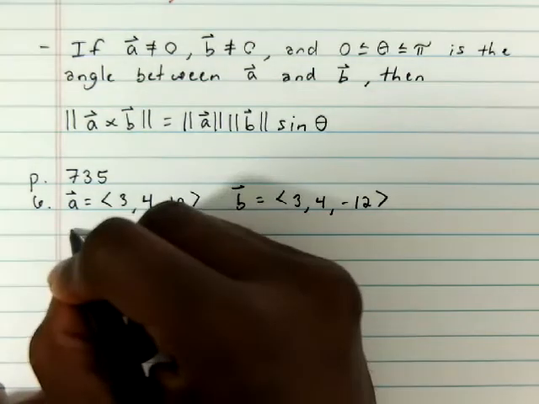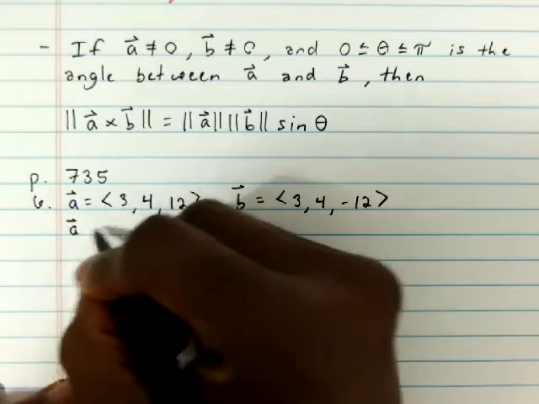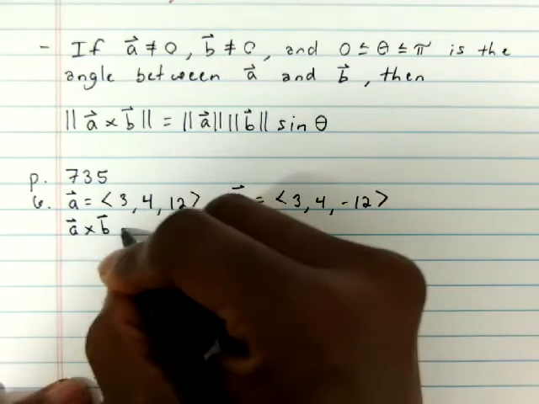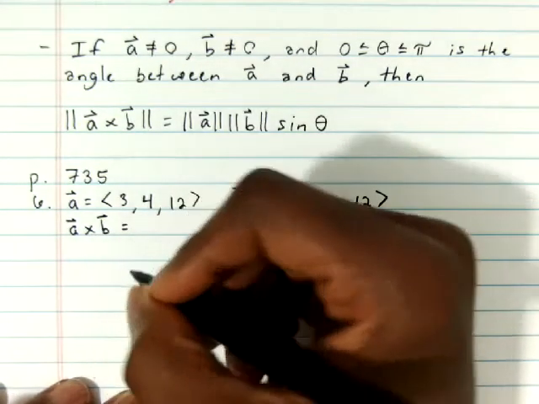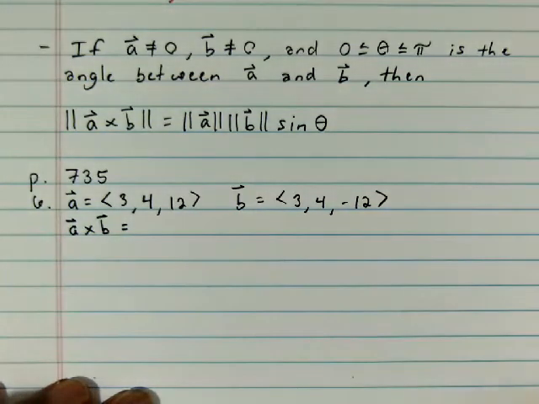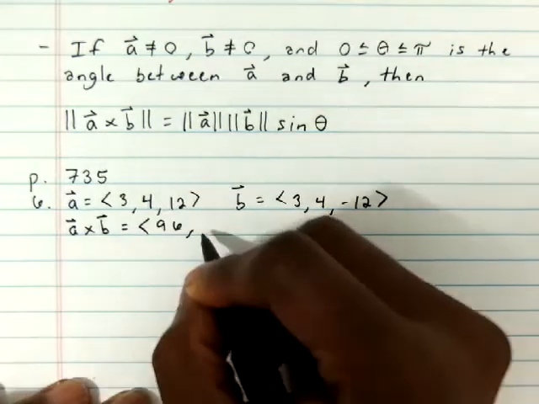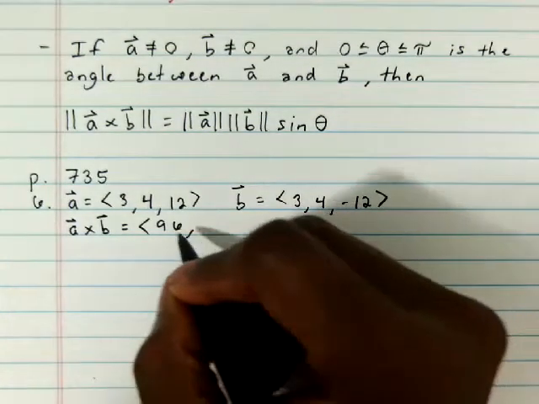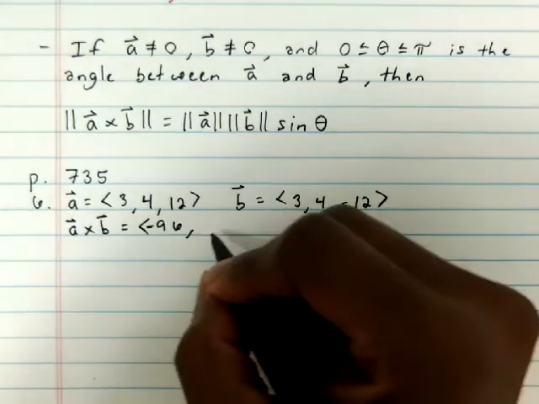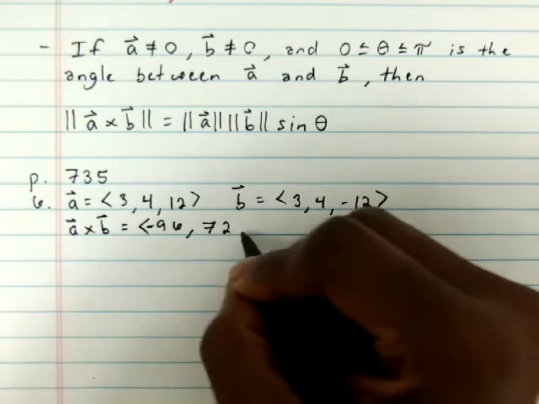And we already computed the cross product. A cross B was the vector negative 96, 72, 0.